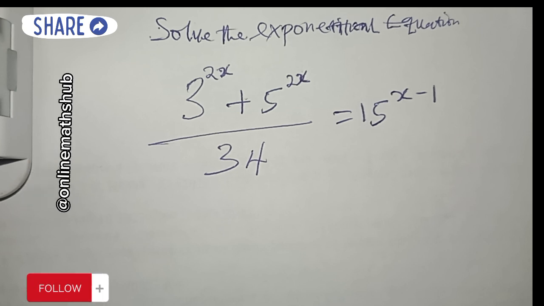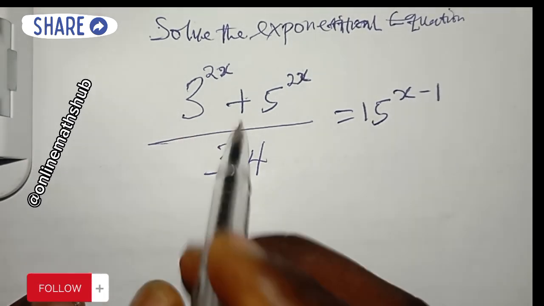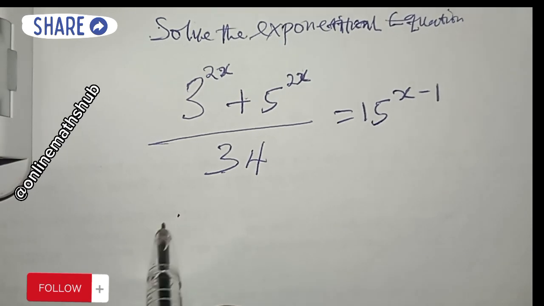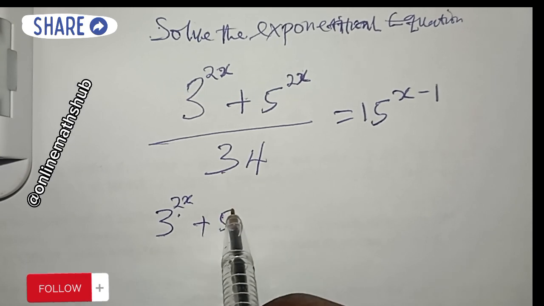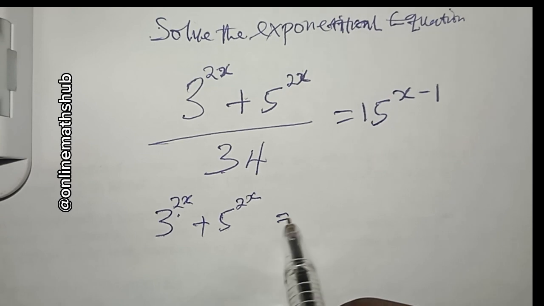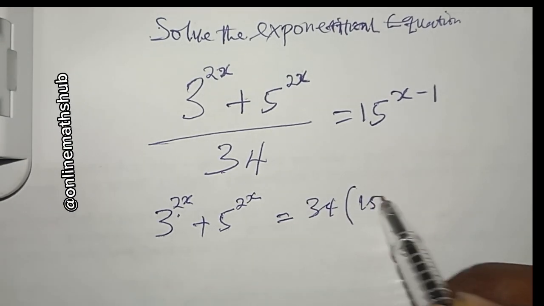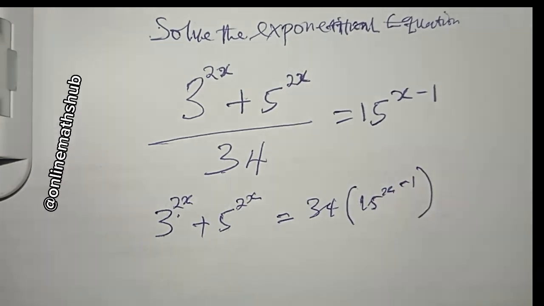Okay, so having said that, let us now proceed with this. So what I'm going to do is let me write this. I'm going to use this to multiply the other side. So I have 3^(2x) + 5^(2x) is equal to 34 multiplied by 15^(x-1).